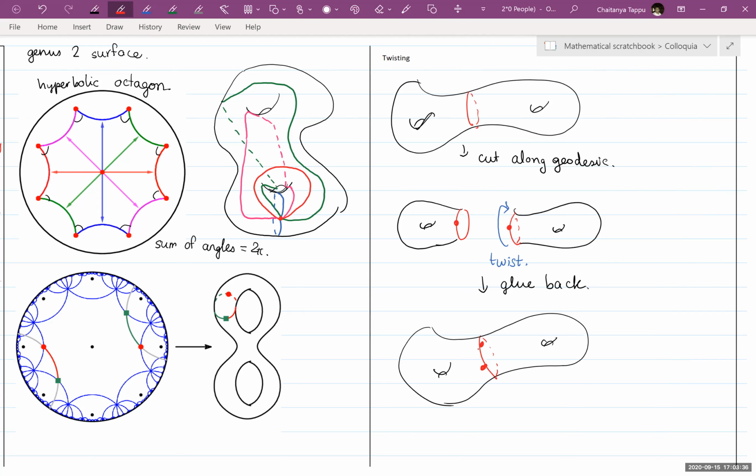So this has changed the hyperbolic metric on the surface, in the sense that, let me draw the green curve from here.